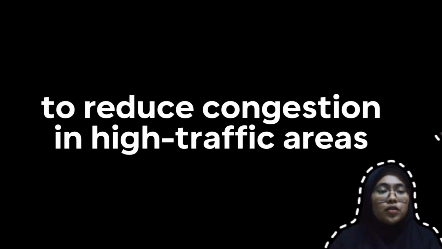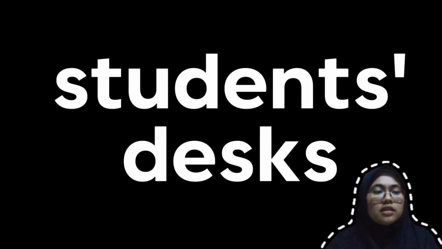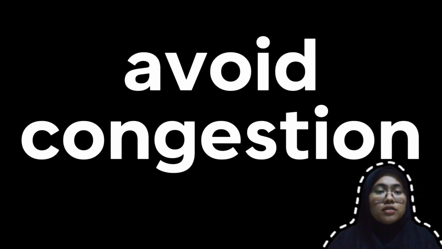So the first principle of classroom arrangement is to reduce congestion in high traffic areas within the classroom. As we all know, there are many items in the classroom regardless of the country, such as student desks, the teacher's desk, bookshelves, the storage location, and many more. Therefore, the arrangement within the classroom is an important matter that needs to be emphasized to avoid congestion.